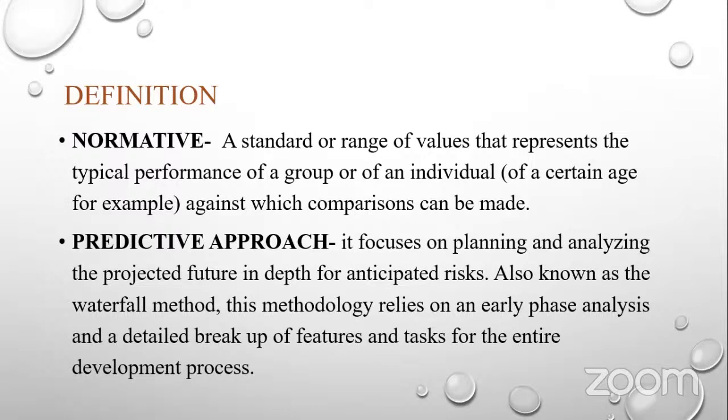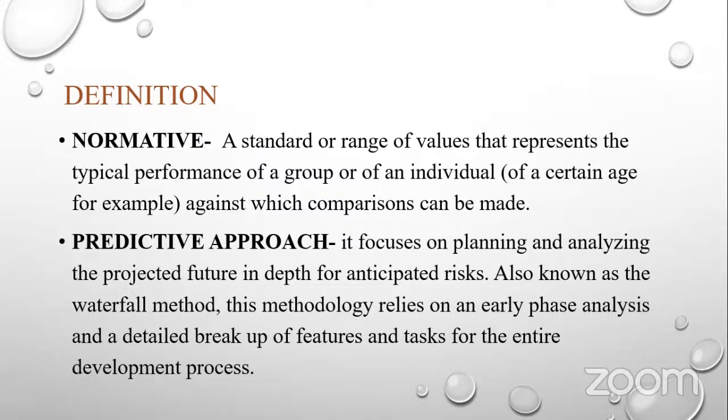So this is the definition of the normative approach and the predictive approach. Normative means it is a standard range of values that represent typical performance of a group or of an individual against which comparisons can be made. That means, as I have told you before, we get some particular score and then we are comparing this against some group, so we can make the comparisons here.